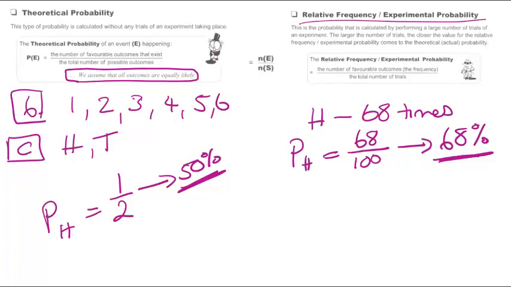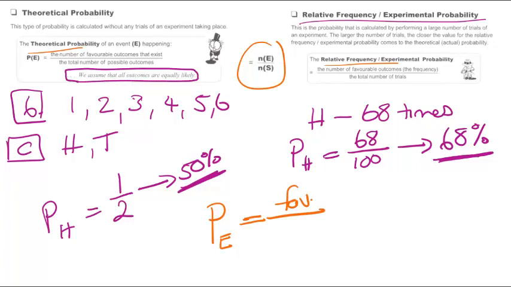The last thing I want you to see on the slide is this equation. When we calculate probability, it's the same for theoretical and for relative, where we're saying the probability of an event called E happening is going to be the favorable option over the total possible options, meaning that a favorable answer is the answer that you want.